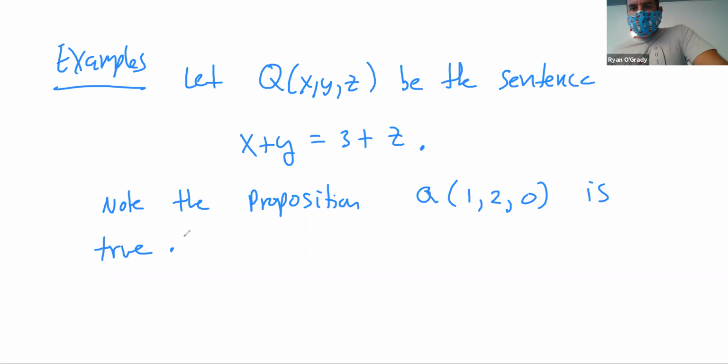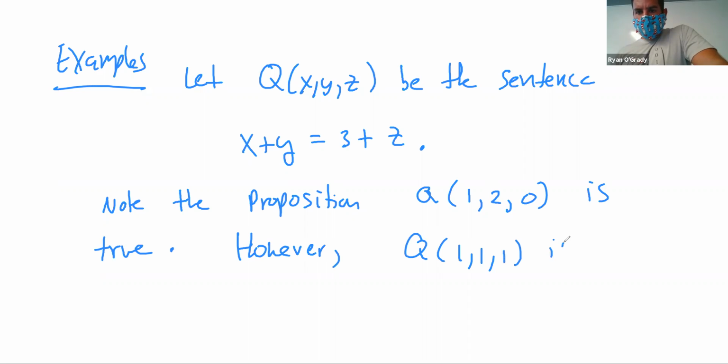If you plug 1 in for X, 2 in for Y, and 0 for Z, you get a true statement. Verify that for yourself. However, Q of 1, 1, 1 is false. And we could give other examples. You can think of different solutions, and those would be true. And ones that don't make it a solution or a true statement would be false.